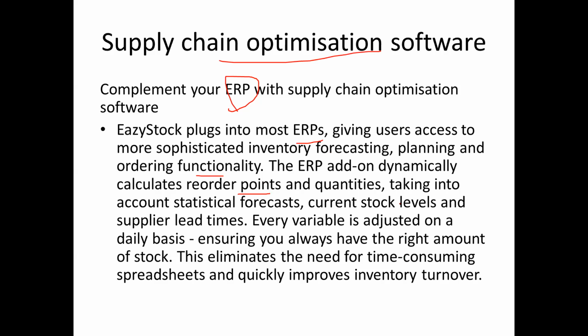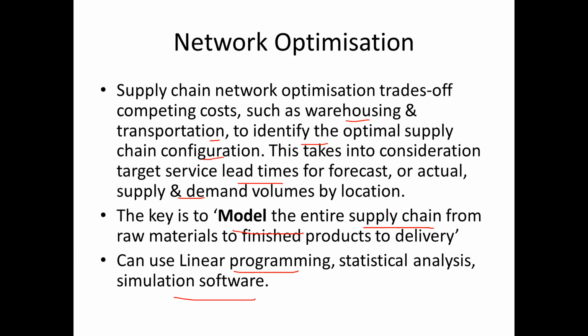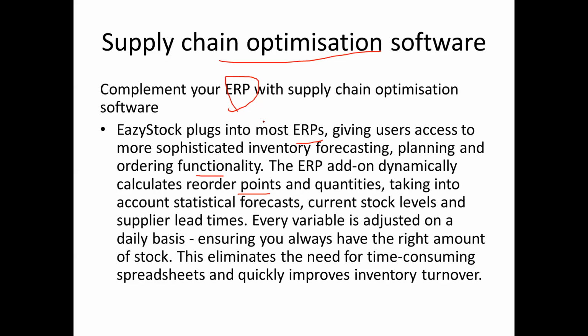It's trying to optimize a given supply chain, whereas I think the NOM here is actually starting from scratch and saying, how would we design it? Where would we have warehouses? How many? Whereas this add-on to ERP is, okay, we've got these warehouses, we've got the supply chain, stick in the forecast, costs, etc., and it will do that.